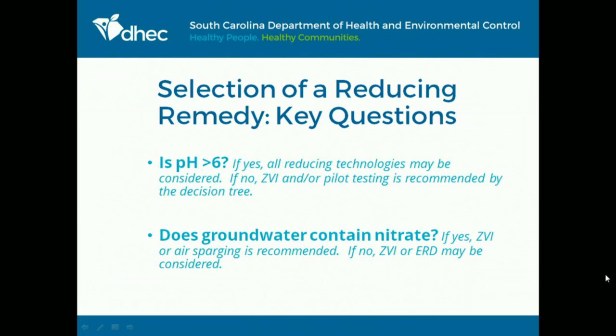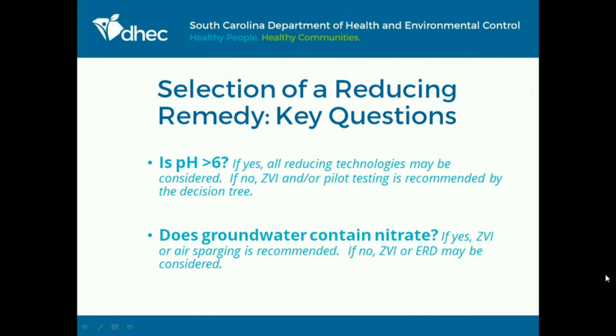If pH is less than 6, the decision tree is going to recommend zero-valent iron, but pilot testing is also something that the decision tree will recommend if the responsible party is insisting on a bioremediation type of remediation.